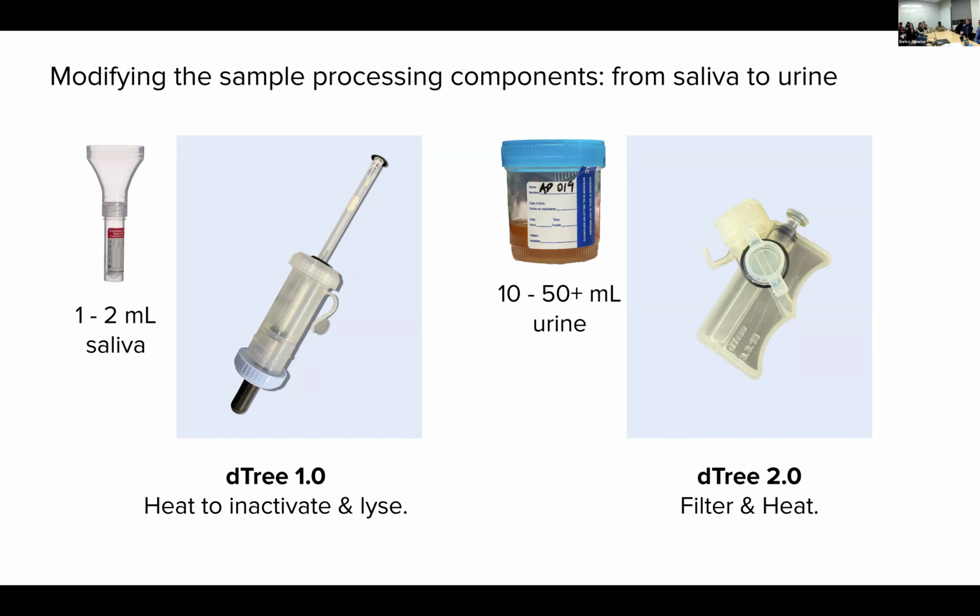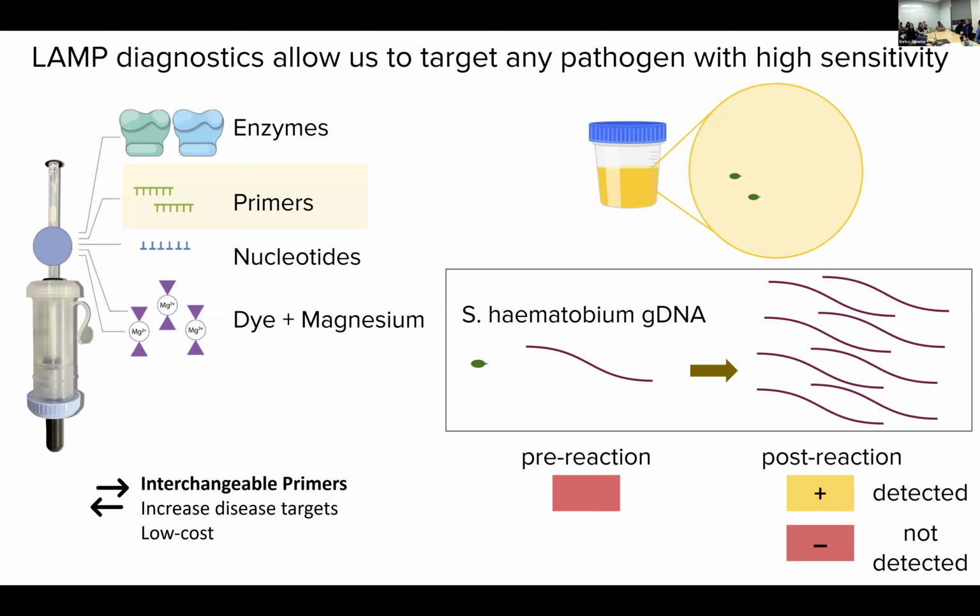Yeah. Changing the color. Yes. I don't have the mechanism here, but it's a good question. We have a dye that's a metallochromatic indicator, which means it will change color based on the concentration of a certain metal inside.